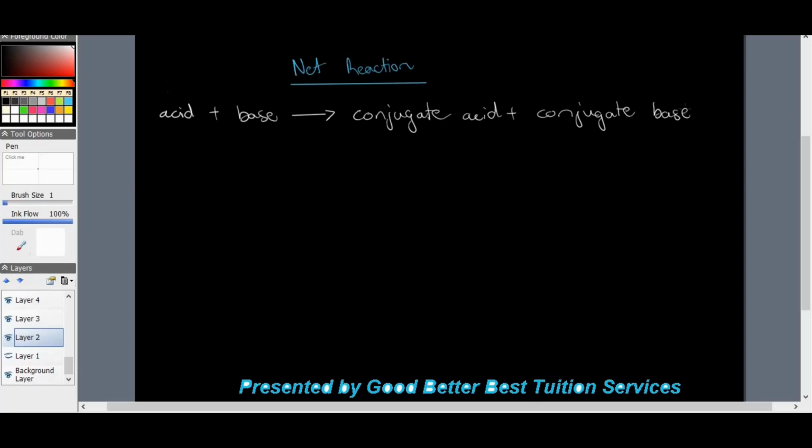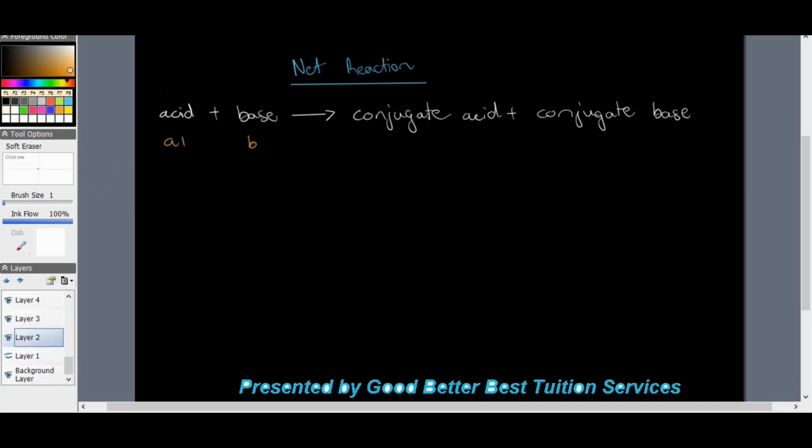What we can do is denote this using a basic numbering system. The acid can be A1, and the base can be B2. So we have A1 and B2, and I'll explain why in just a second.